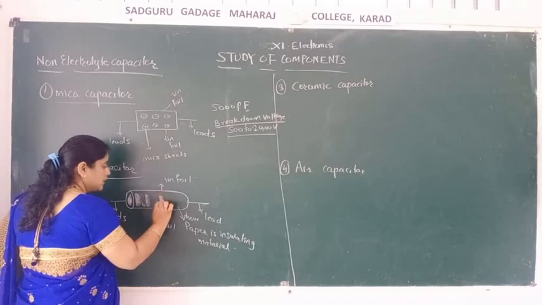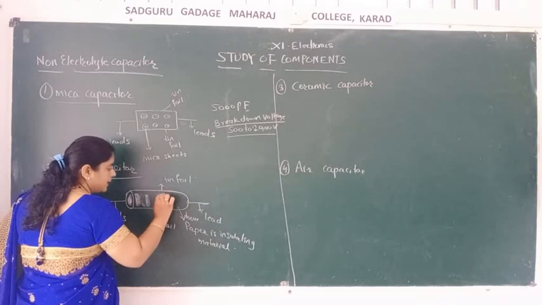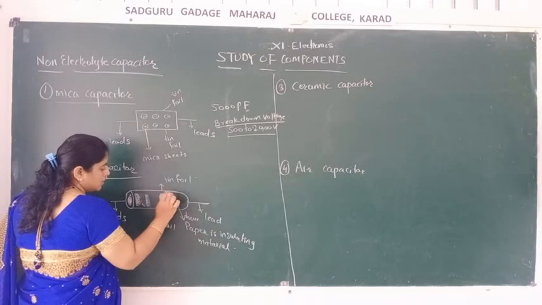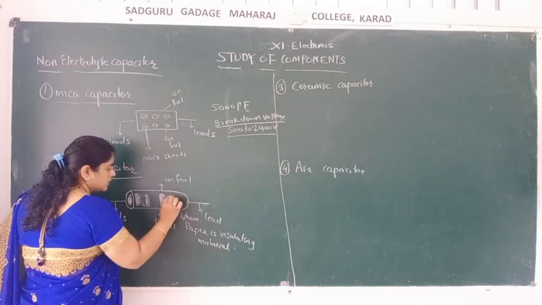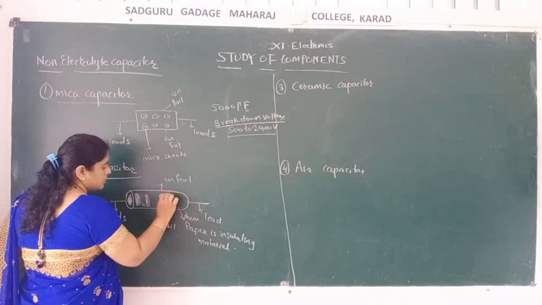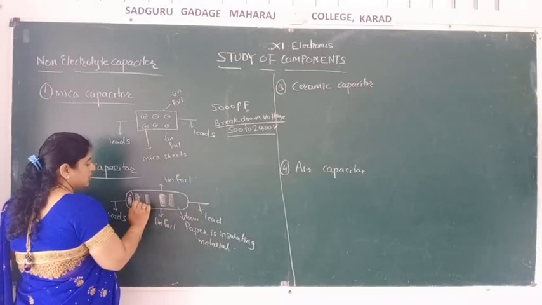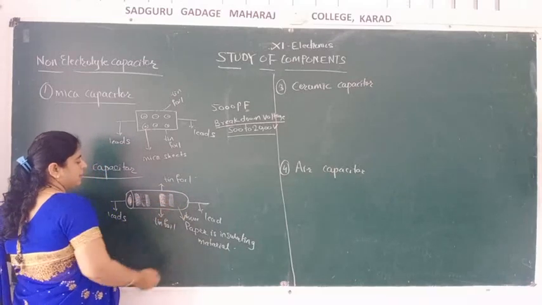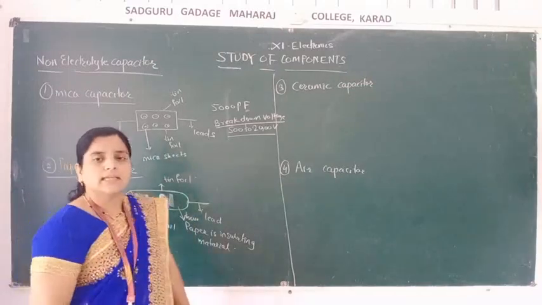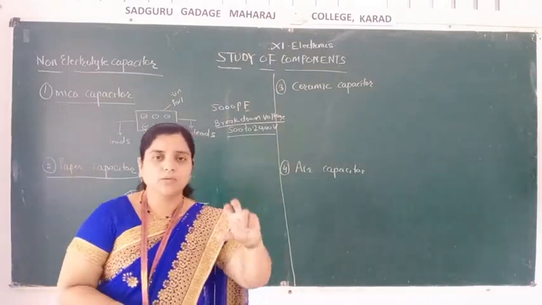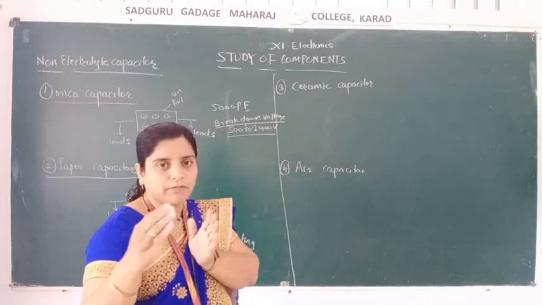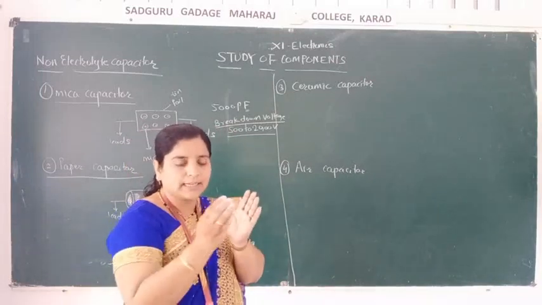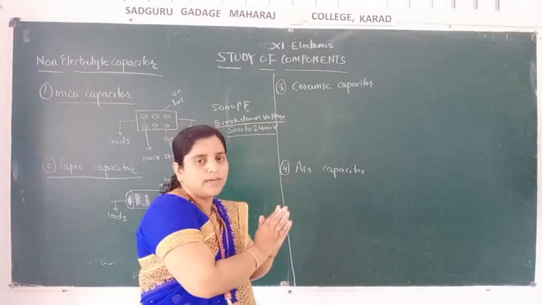So it also has paper plates. These are combined together, these are combined together. Two or three paper plates are arranged one by one and connected to each other, forming one terminal.